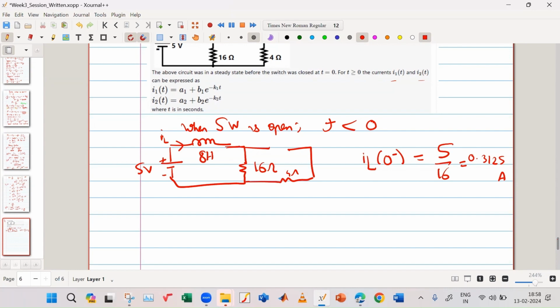So my inductor current at steady state, before the switch was closed, was 0.3125 ampere.